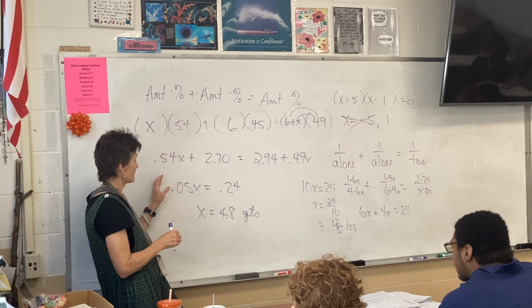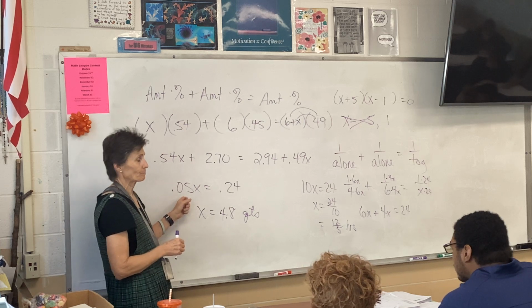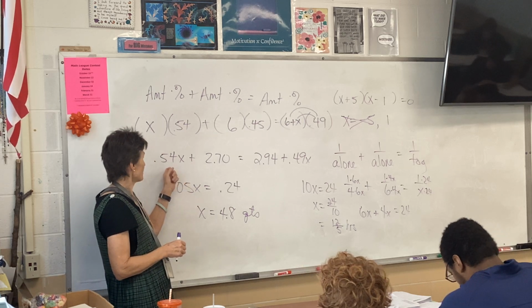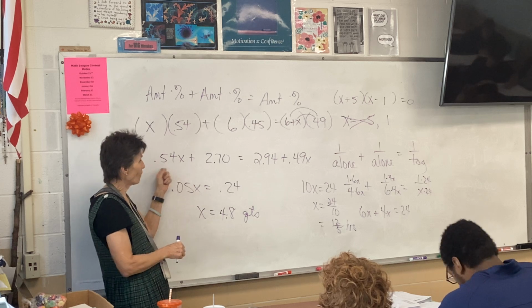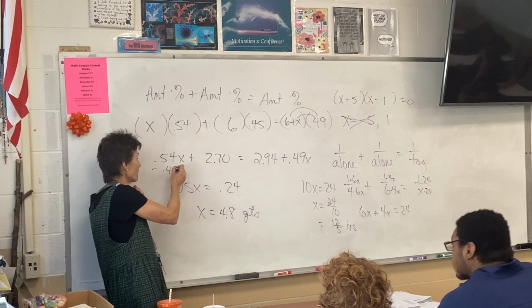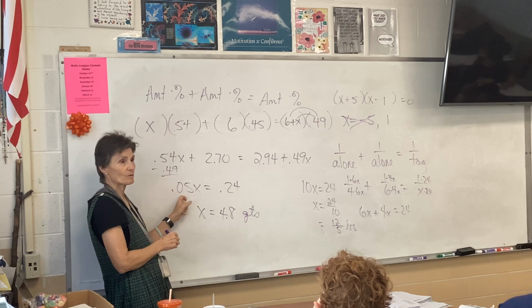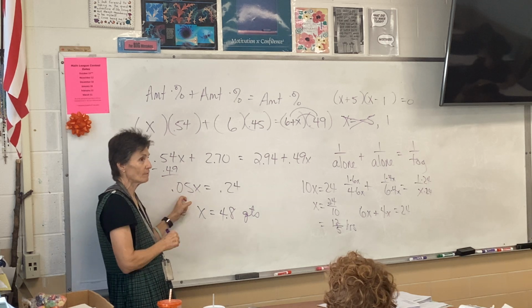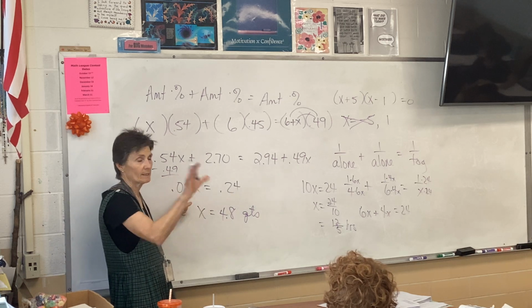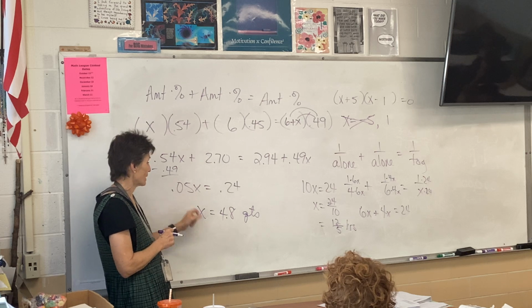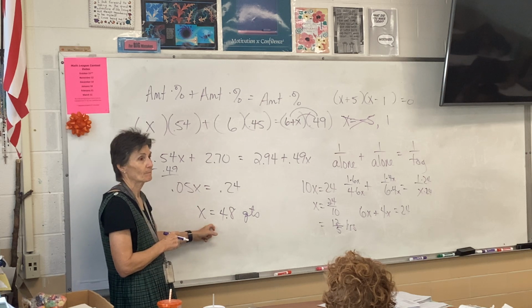Where we'll get a mistake sometimes is right here. If you're subtracting 0.54 minus 0.49, does everybody understand that's gonna be 0.05? Let your calculator do the work if you're at all confused. I got 4.8 quarts. So everybody got?